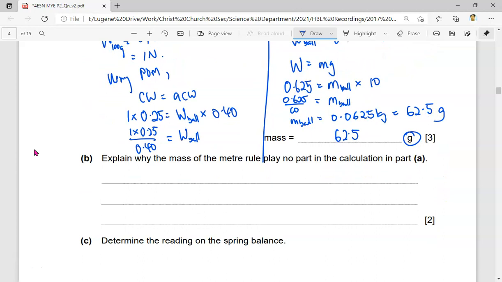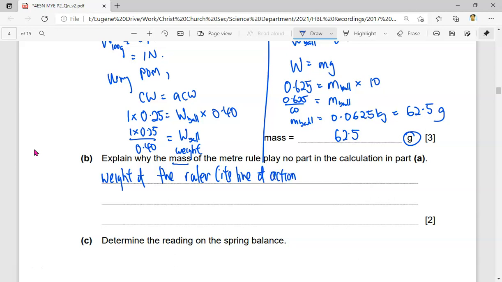Now part B, explain why the mass of the ruler plays no part in the calculation. To be more precise, why does the weight of the ruler play no part in the calculation in part A? So the weight of the ruler, its line of action.